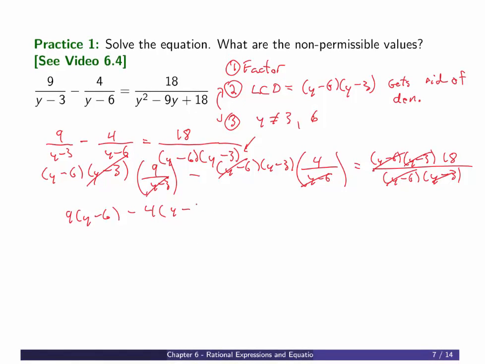The order here doesn't matter, it could be y minus 3 times 4 or 4 times y minus 3. I like to write the constants first, and this is all equal to 18.